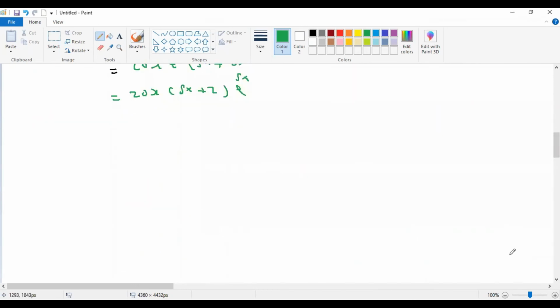Okay, another example. Let us say I have here y equal to, for example, y is equal to 20e^x over 6x squared plus 10e^3x. So now for this you have to use the quotient rule, numerator and denominator.